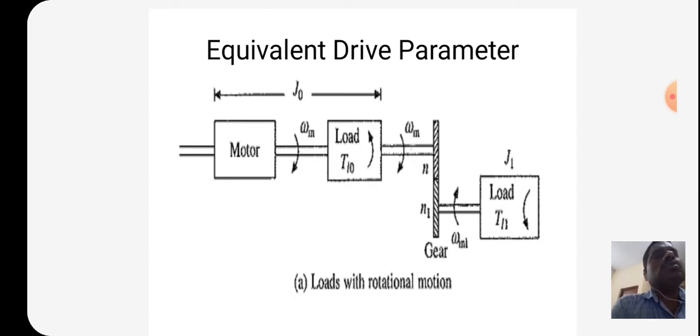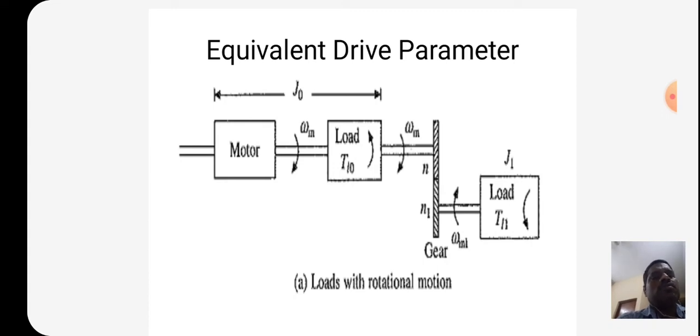Now, by the figure we see the motor rotates in the clockwise direction with omega m speed, and the load also has the speed omega m in the clockwise direction.